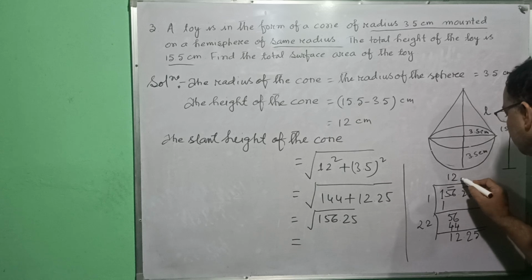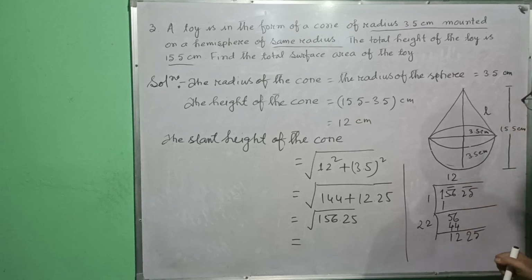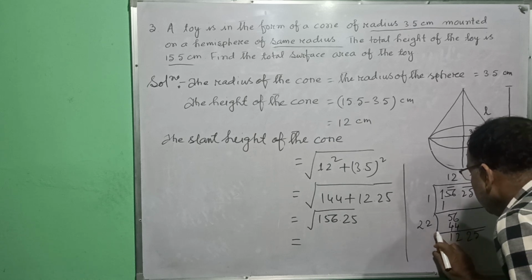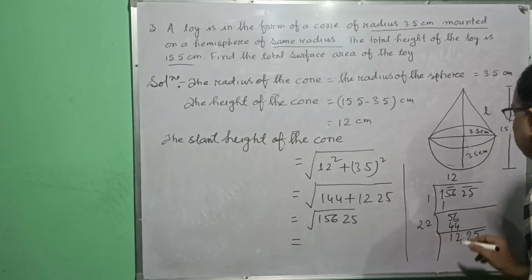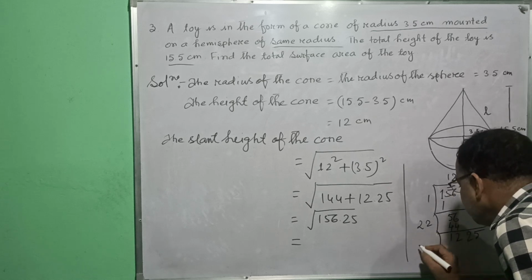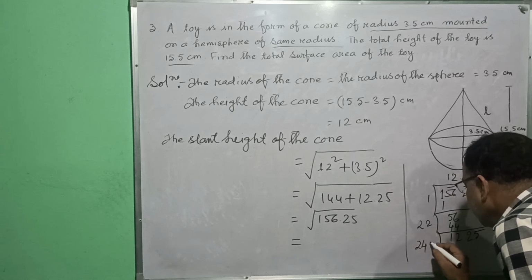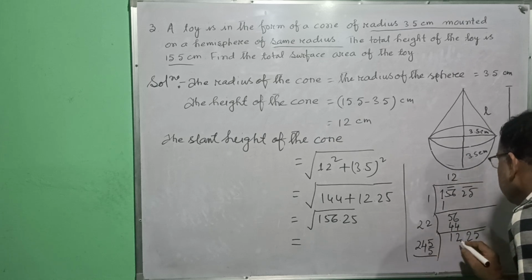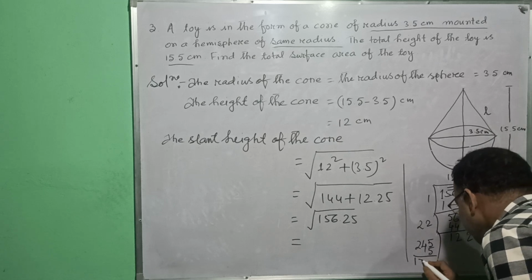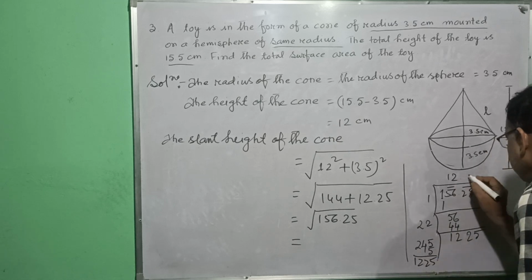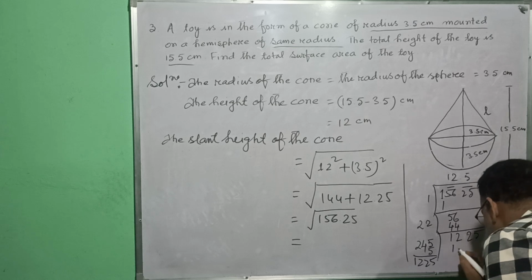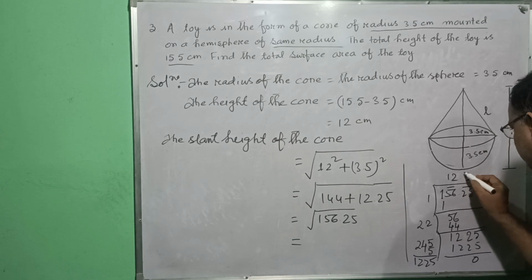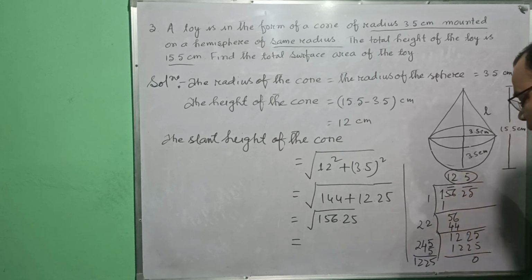Actually there will be no decimal here. Again in the similar way we'll proceed. We write here the double of 12, which is 24. If we put here 5, multiplying by 5 gives us 1225. So we'll put here 5. What is the square root? We got 12.5.